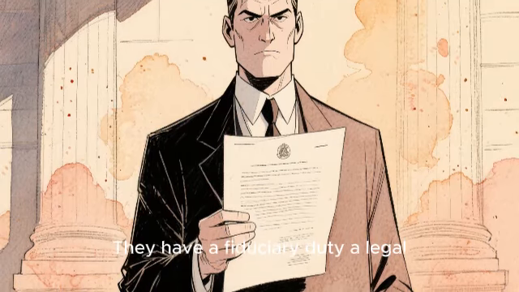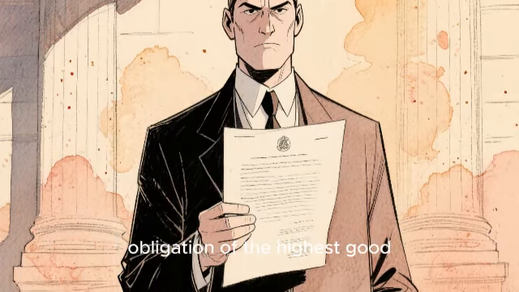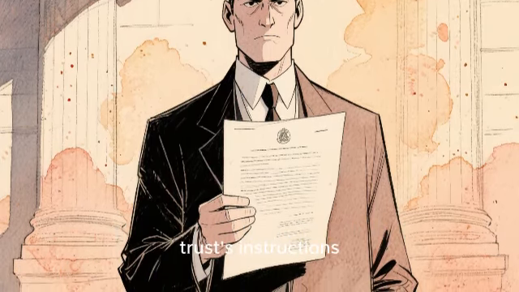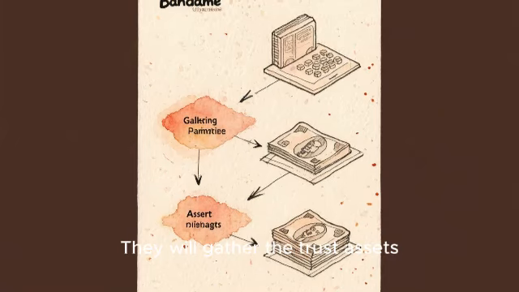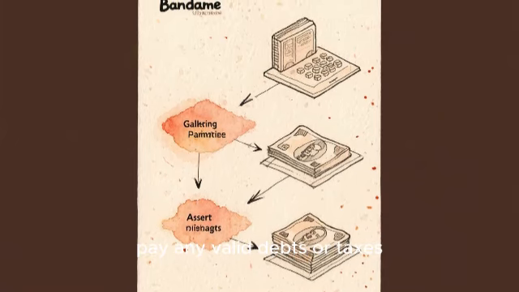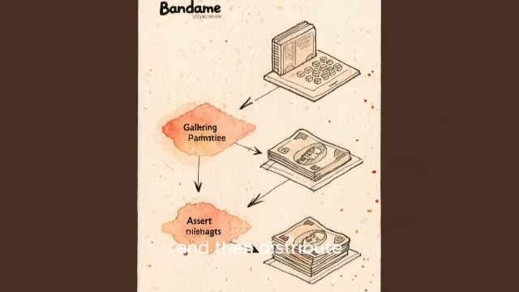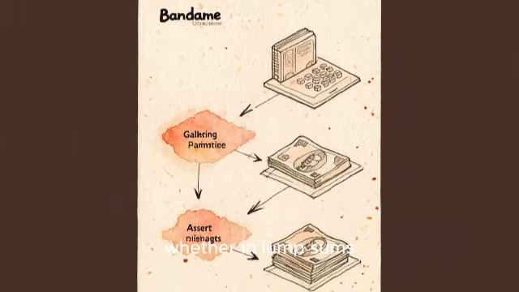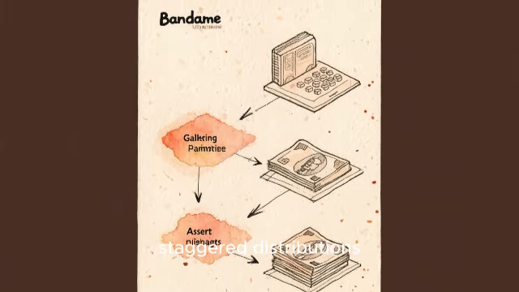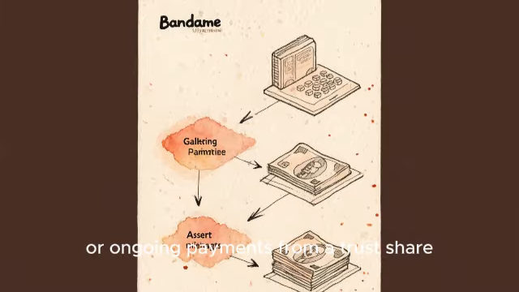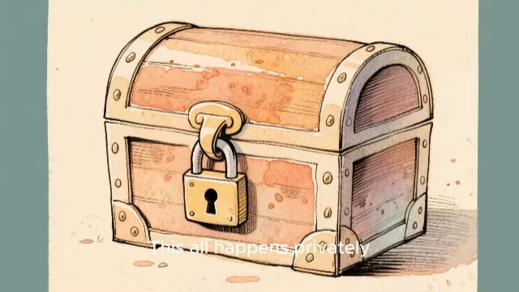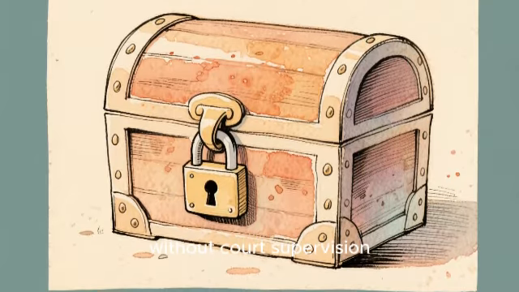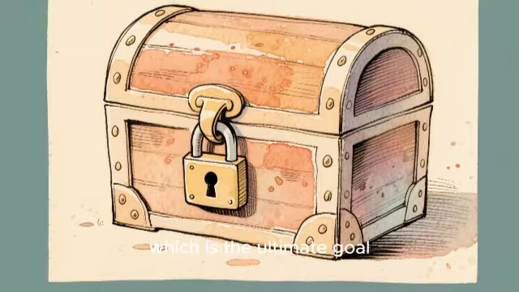They have a fiduciary duty, a legal obligation of the highest good faith to follow the trust's instructions. They will gather the trust assets, pay any valid debts or taxes, and then distribute them to the beneficiaries as you directed, whether in lump sums, staggered distributions, or ongoing payments from a trust share. This all happens privately, without court supervision, which is the ultimate goal.